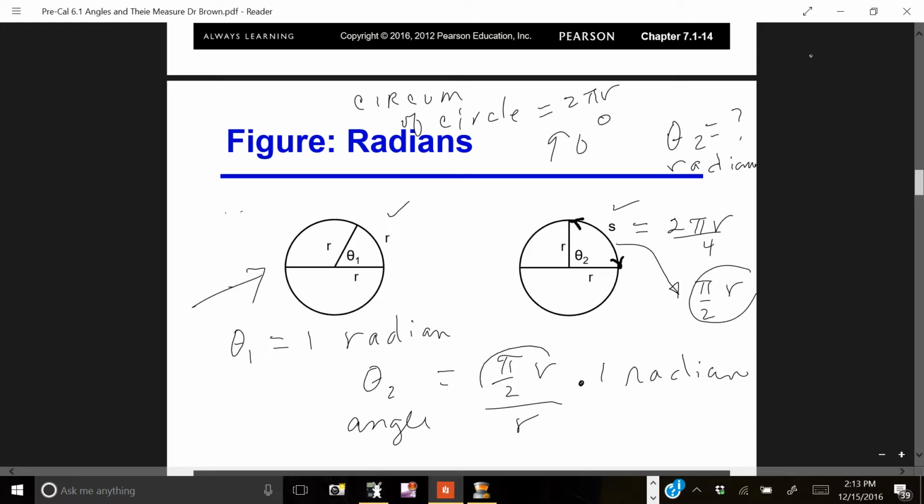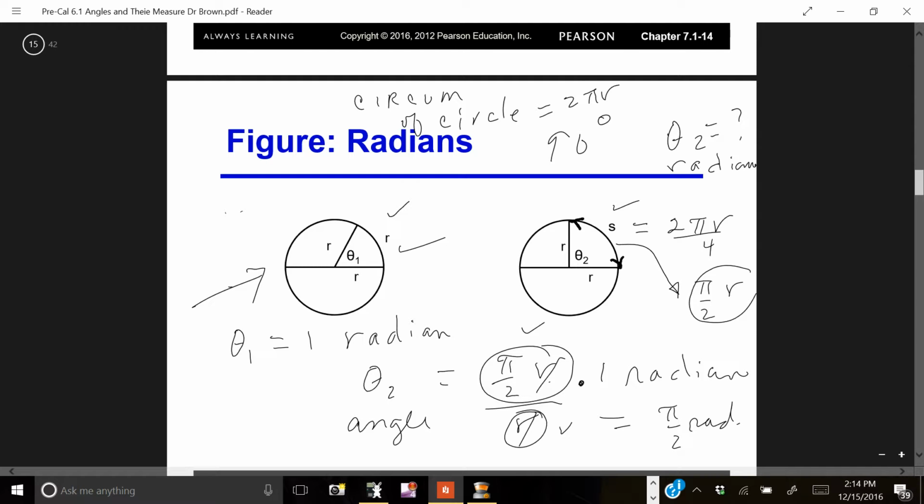So if this arc length is pi over 2 times r, and this arc length is r, then the ratio of the two would be pi over 2 r divided by r times 1. And so this is pi over 2. The r's cancel, pi over 2 radians.